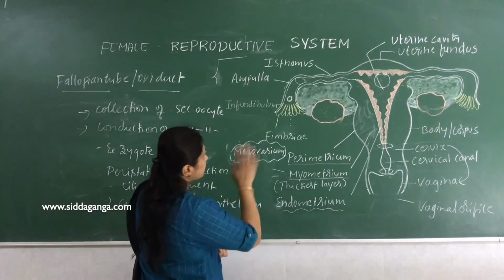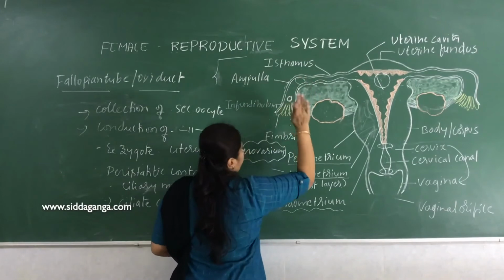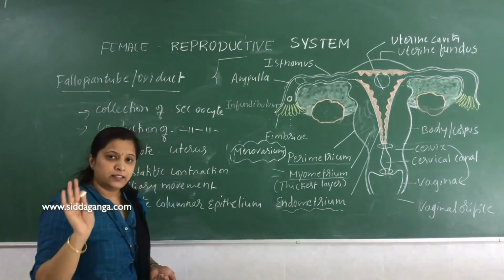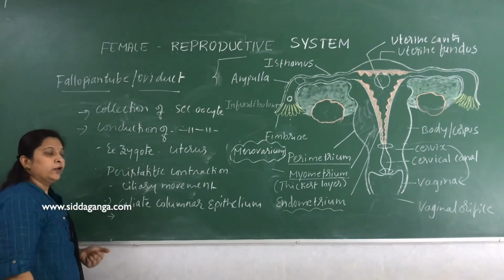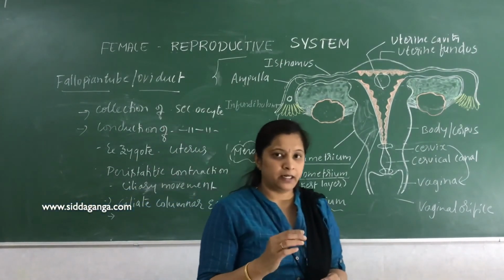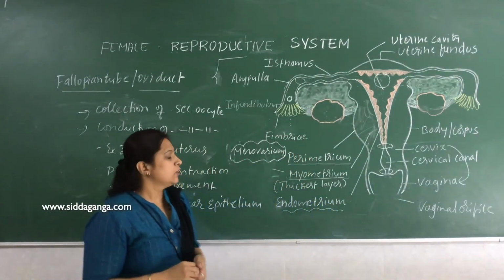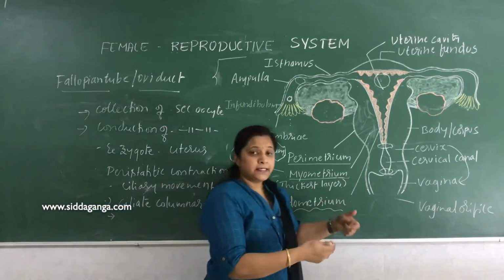Then one more important function: fertilization. The fallopian tubes are the site of fertilization. I already said where fertilization occurs in human beings. In human beings, fertilization is internal, so it occurs in the female reproductive tract. Where exactly does it occur?